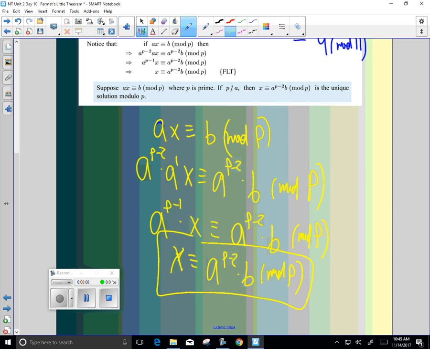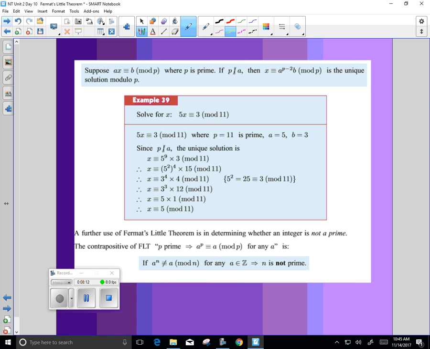And remember when we were solving those, how annoying it was? Let's take an example. 5x is congruent to 3 mod 11. So here's what we're going to do. First of all, 11 does not divide 5, and 11 is a prime.